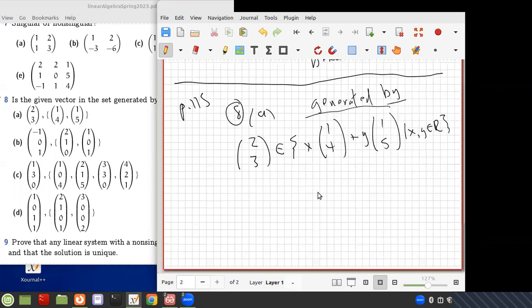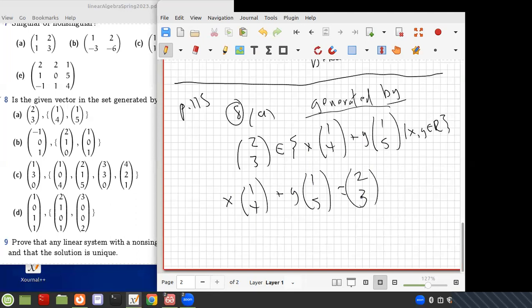Well, what that means is you have to find x and y such that x times this vector plus y times this vector equals this one. Let's multiply in x here: x, 4x plus y, 5y equals (2, 3).